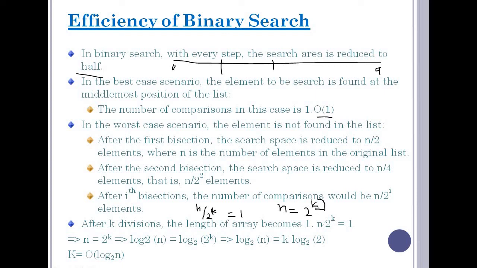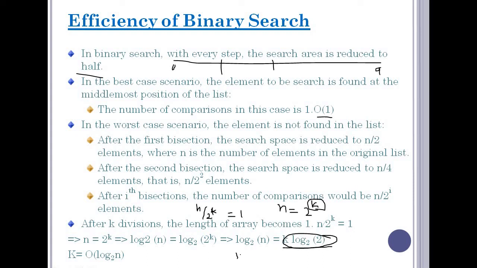So k is the number of times we are going to divide the array. If we take the log on both sides, log of n is equal to log of 2 to the power k. So I will write that as k multiplied by log of 2 base 2, and this value becomes 1.